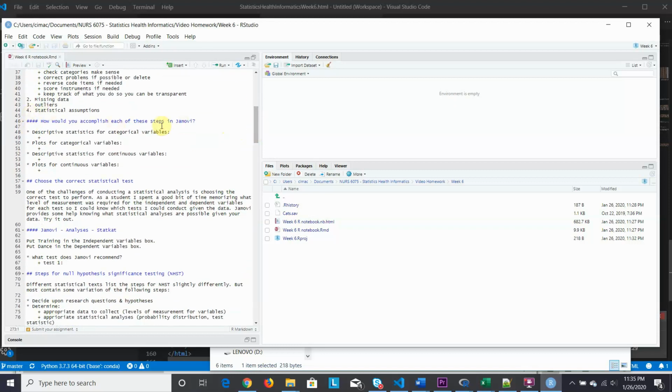At this point, you really ought to be thinking about how you would go about doing these steps in Jamovi. What kind of descriptive statistics would you run for categorical variables? As we learned earlier in the semester, for categorical variables, which are nominal and ordinal level of measurement, the descriptive statistics that you ought to run are frequencies and percents.